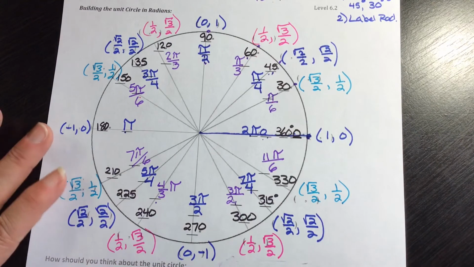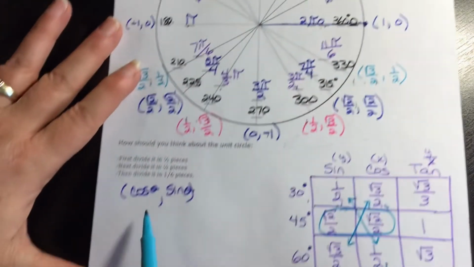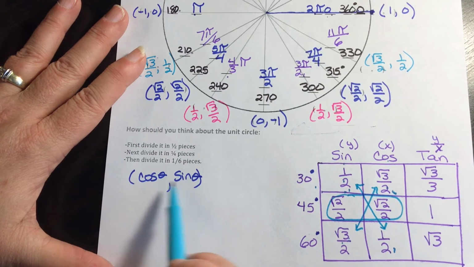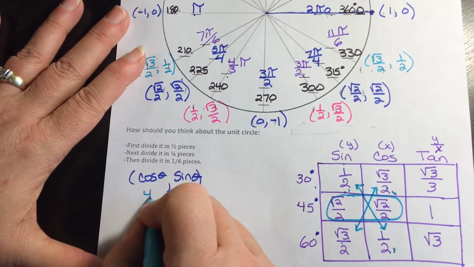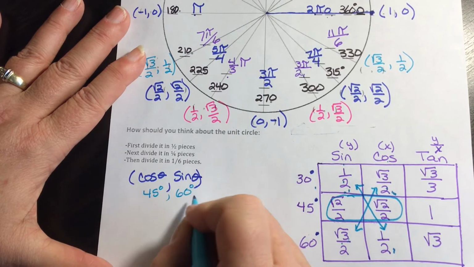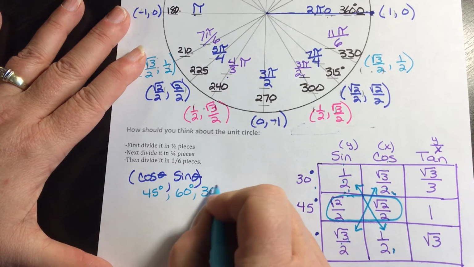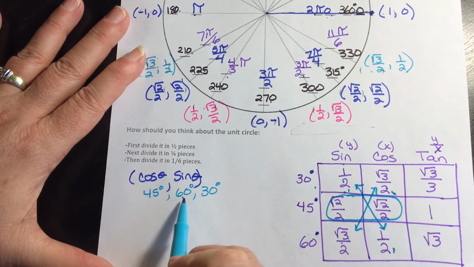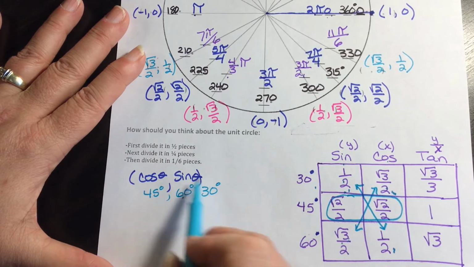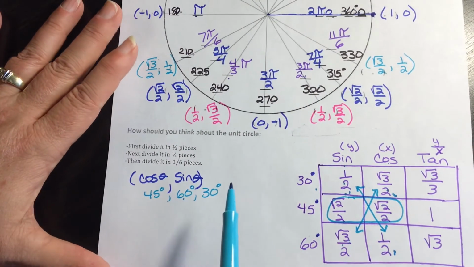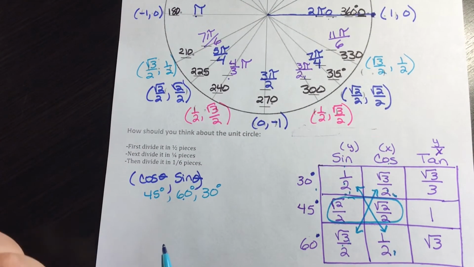So when we label our cosine and sine values in the ordered pair, do the 45 degree angles first, then the 60 degree angles, and then the 30 degree angles, the odd pi over 6 that didn't get filled in with 60 degrees. If you keep this pattern going around the circle, I think it's easier to remember.